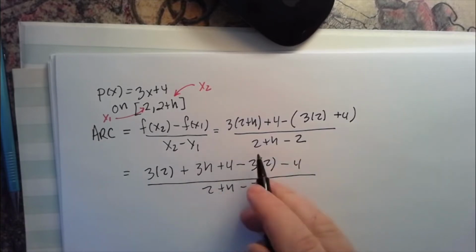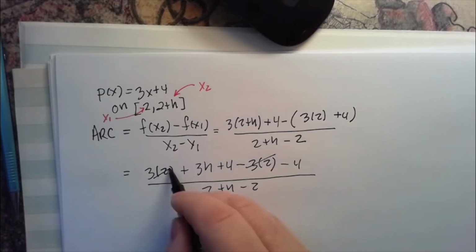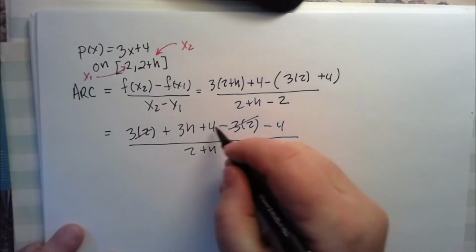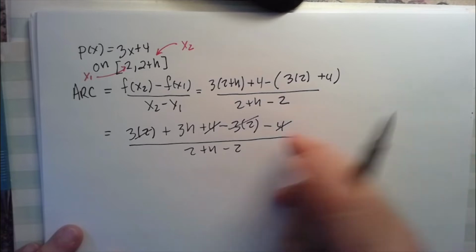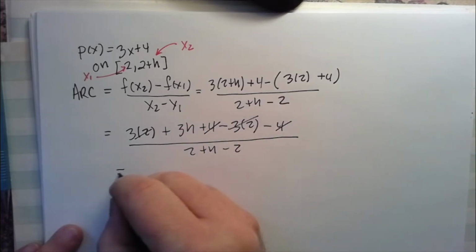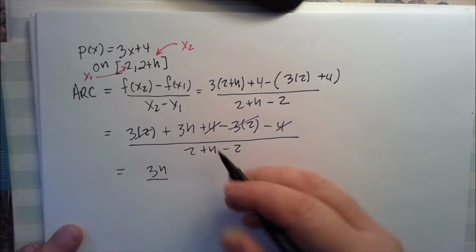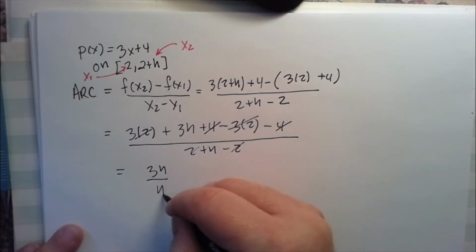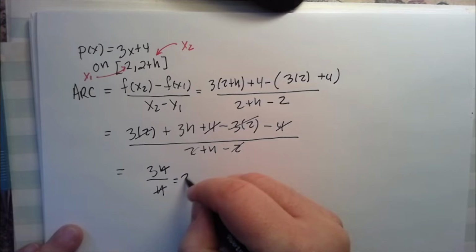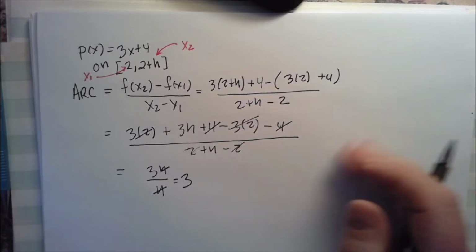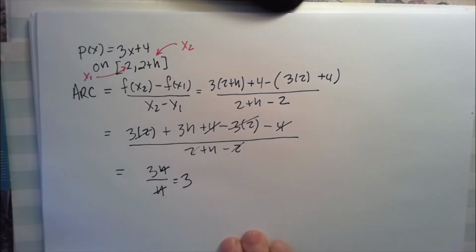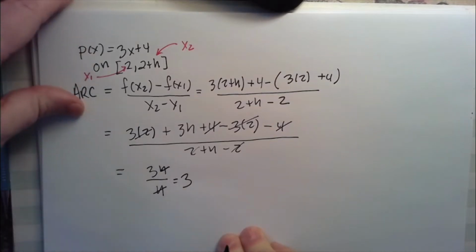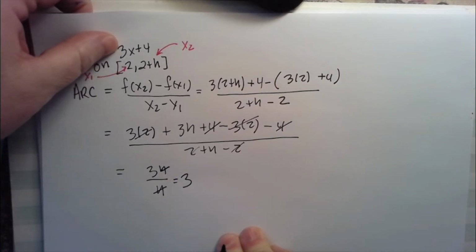Now you find the things that subtract out, which are these two things, right? They subtract out, and those two things, they subtract out, leaving just a 3h. In the denominator, these two things subtract out, leaving just an h. The h's divide out, and we're left with 3, and that gives us our answer for that problem, which is what we expected because the slope was 3.